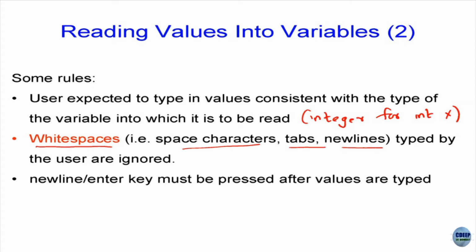So, for example, for int x, if you want to store in x the input value, it better be an integer. But in that process, white spaces, space characters, tabs and new lines input by the user are ignored, as I already illustrated, and new line must be pressed after the values are typed. So I had to do that during input.